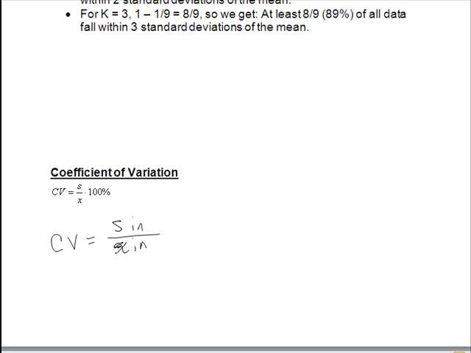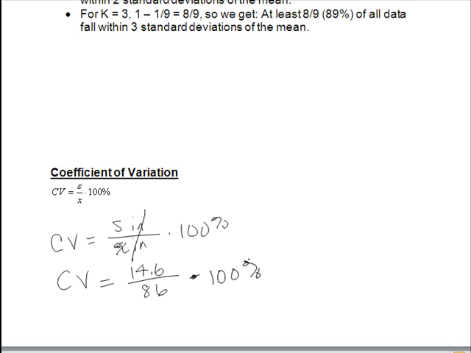So if I were doing, for example, the coefficient of variation for our initial example, 14.6 divided by, this should be X bar, not an X. That is an X bar.